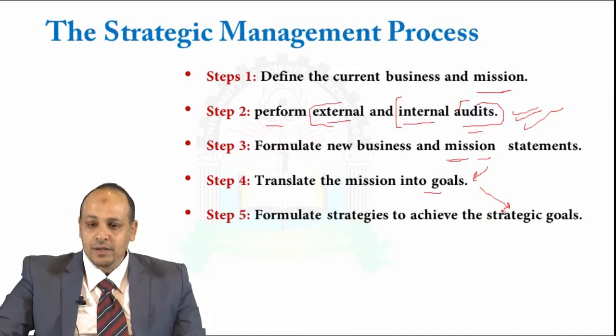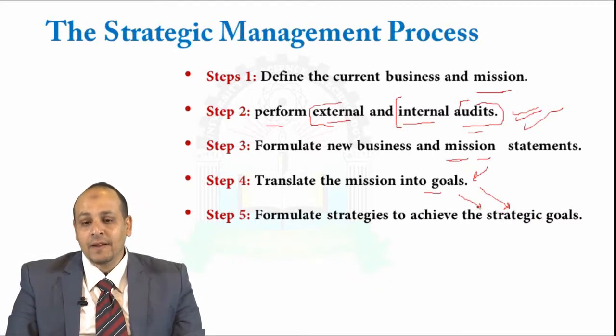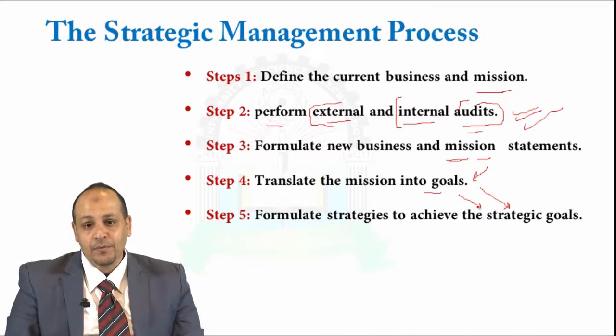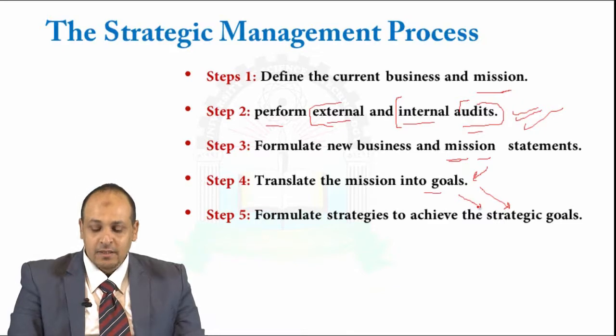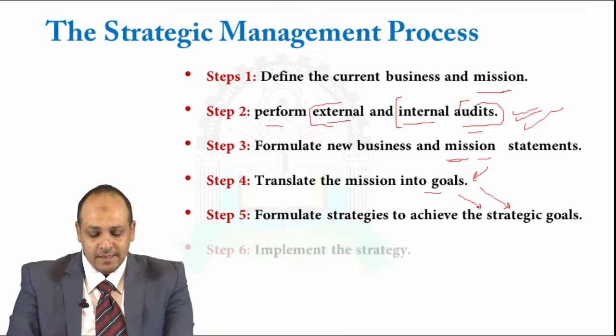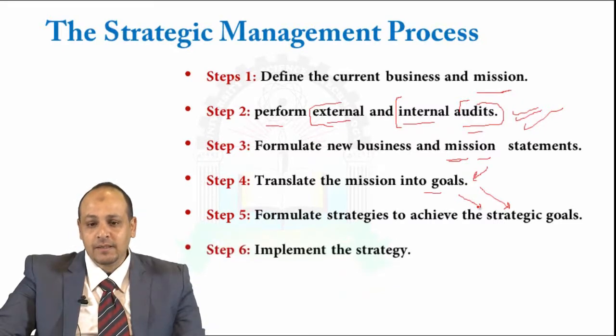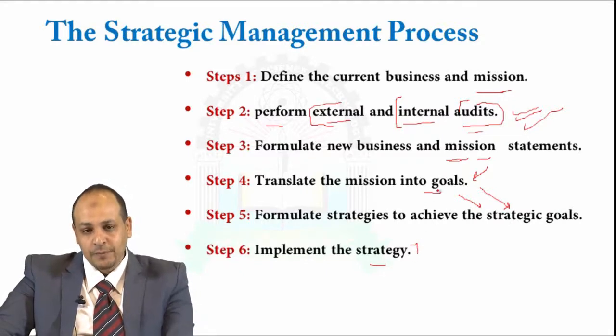In order to achieve these goals, these strategies should adapt to the capability the company has, and that is why, first, in step number 2, we have to do the analysis, and then in step number 6, we implement the strategy. This is the kind of fulfillment that the company should go through in order to achieve the goals.